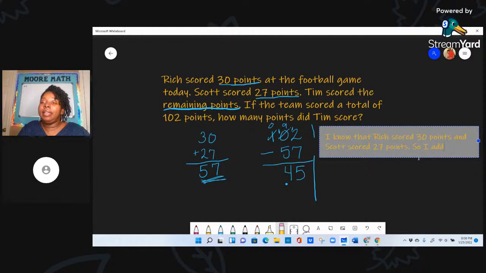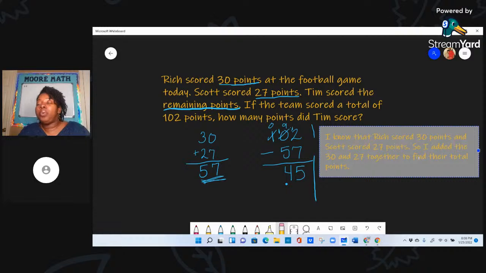So I added 30 and 27 together to find their total points. Okay, so this is what they mean when they say explain your work. Tell us what you know. I know that Rich scored 30 points and Scott scored 27 points. So I added 30 and 27 together to find their total points.